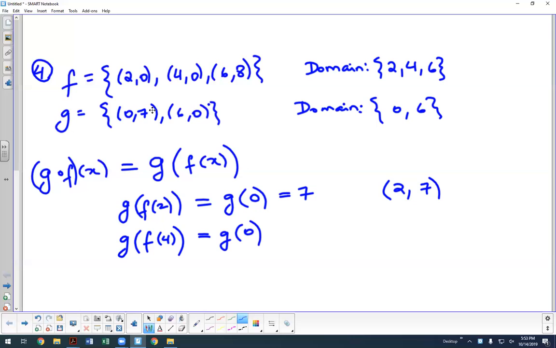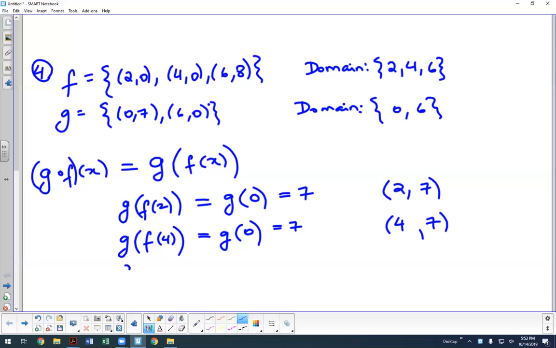So again, g of 0 will take me back to the same exact ordered pair, and I'm going to get g of 0 as 7. But what's the ordered pair for our composition going to be? 4, 7. Yeah, because we started out with 4 and ended with 7, so this is my second ordered pair for the composition.